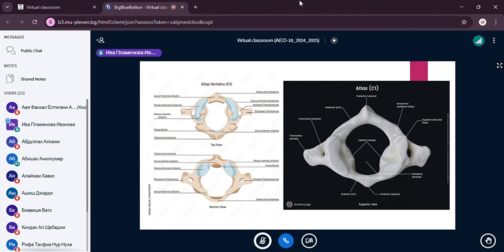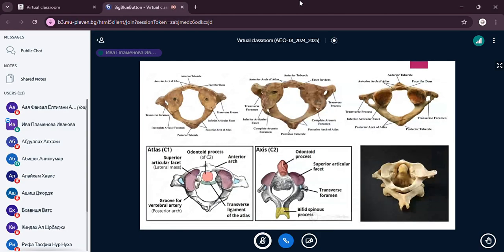So C1 doesn't have body and spinous process. Again, you can see here, this is the odontoid process of C2. This is the anterior arch of C1 with articular surface for the dens axis.